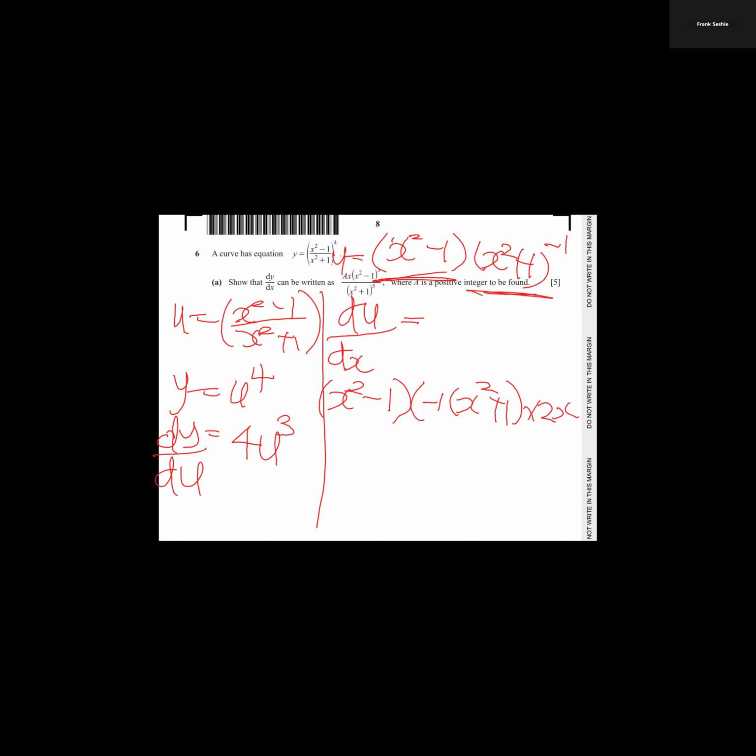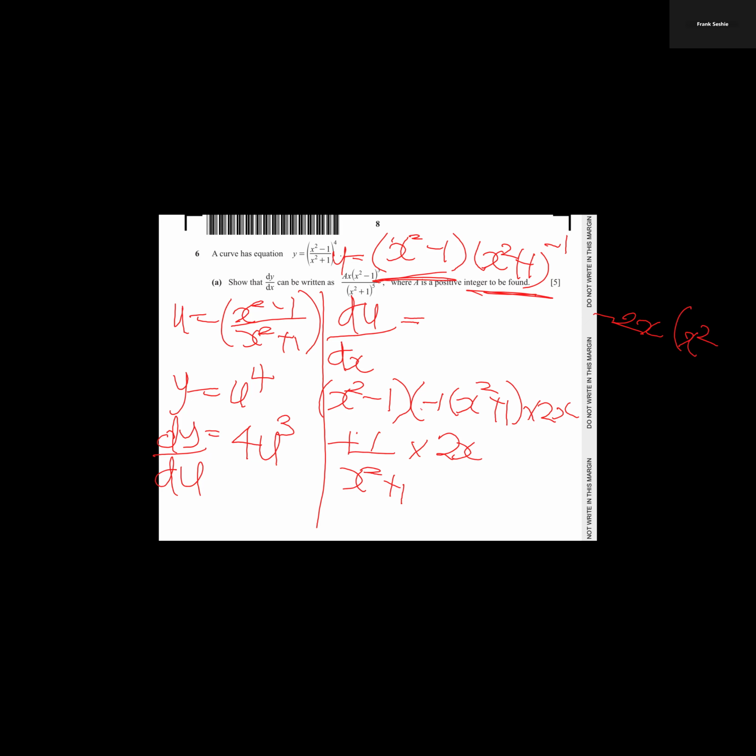I'm keeping this. Let me write it well. 1 over x squared plus 1 times differentiating this is going to be just 2x. So if I'm working at this, I'm going to have 2x, and the negative 1 multiplying that is negative 2x into brackets.